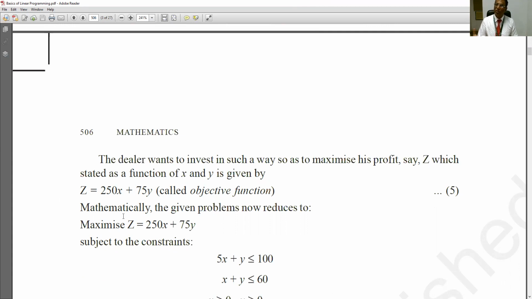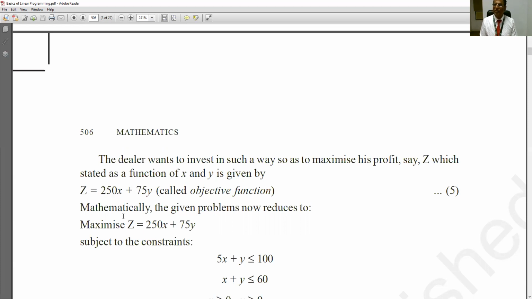So objective function means the targeted function that the businessman, the shopkeeper, the industry man, the head of the organization wants to achieve. That is called objective function.